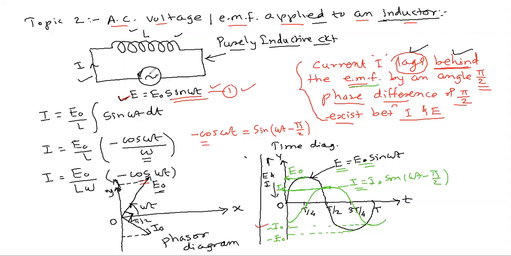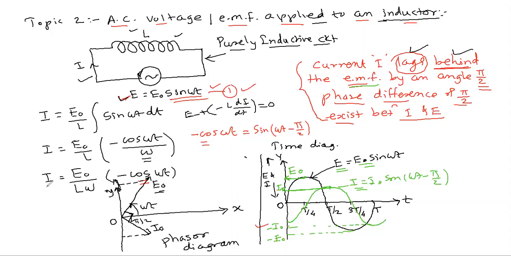Since there is no potential drop across the circuit, we wrote the equation E minus L di by dt is equal to 0. From this equation we substituted the different values and got the total current.